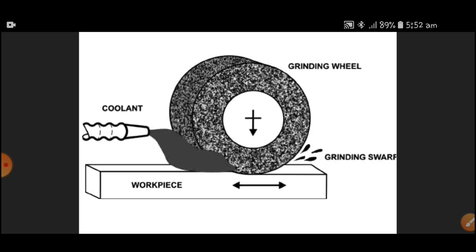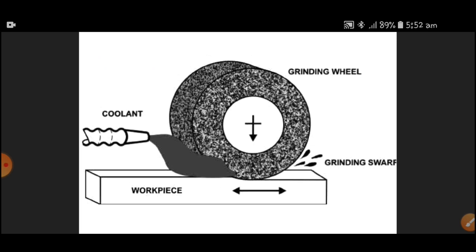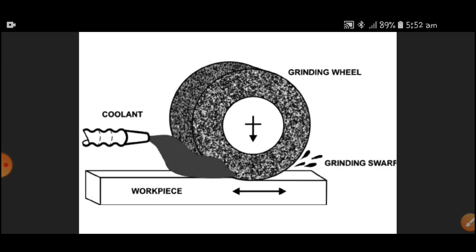We also have super finishing processes, which give more accuracy and more surface finish, like honing, burnishing, lapping, and so on. These processes are different, and we get more accuracy in all of them.